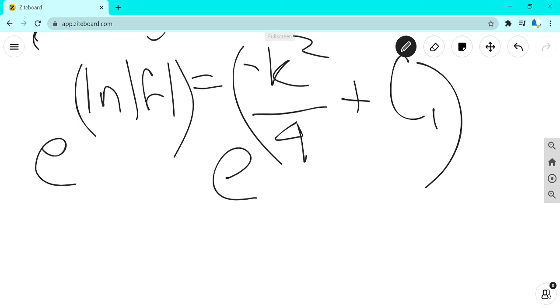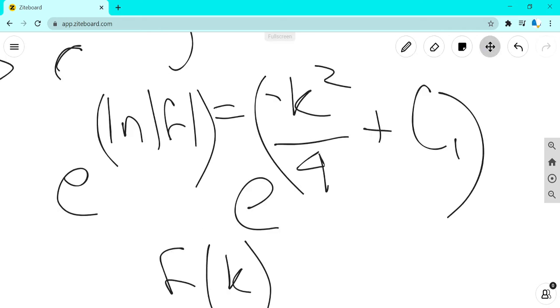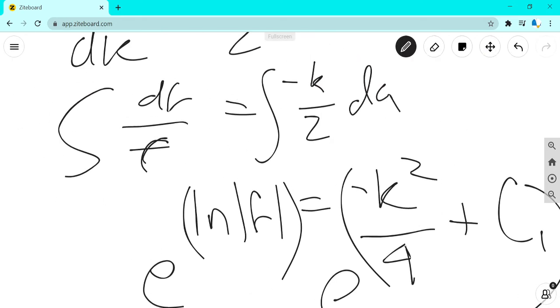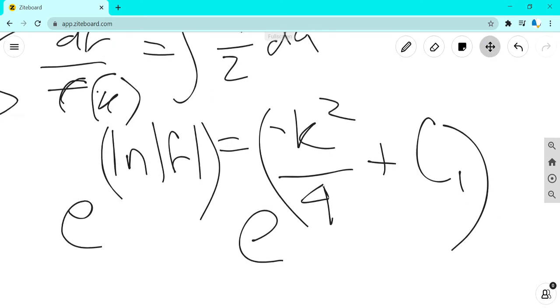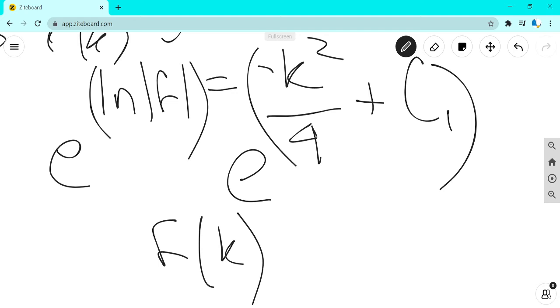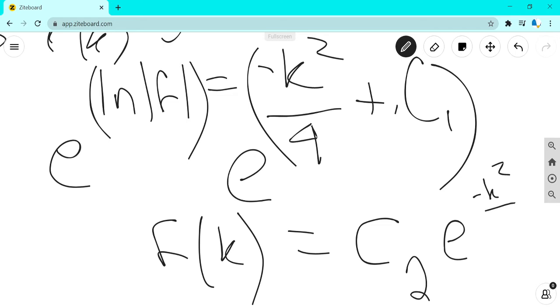So f of k, when I said f here, it's basically just f of k, is equal to a new constant times e to the negative k squared over 4.